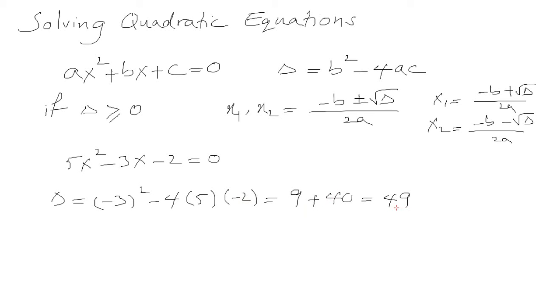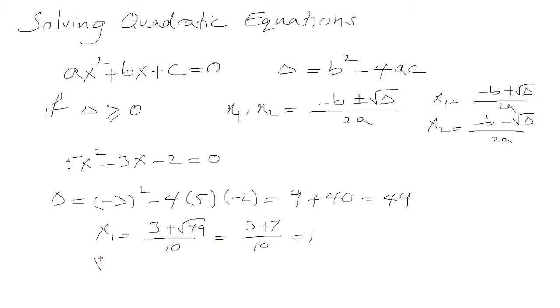Okay, so my discriminant is something positive. Since my discriminant is something positive, I know I have two solutions, and the solutions are x1, minus b, that is 3, plus radical 49 over 10, that's 2a, 2 times 5, 10. This gives me 3 plus 7 over 10, that's just 1.